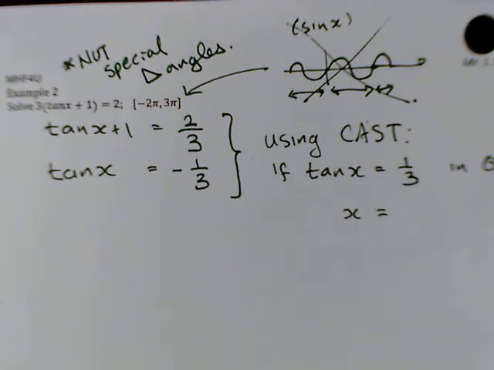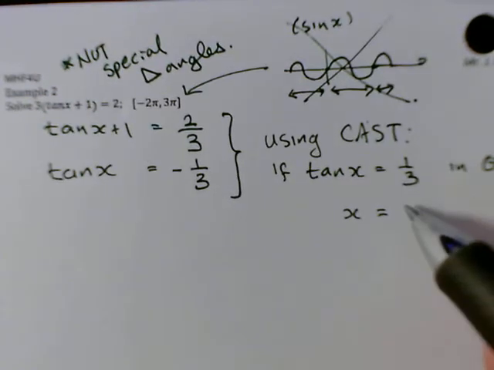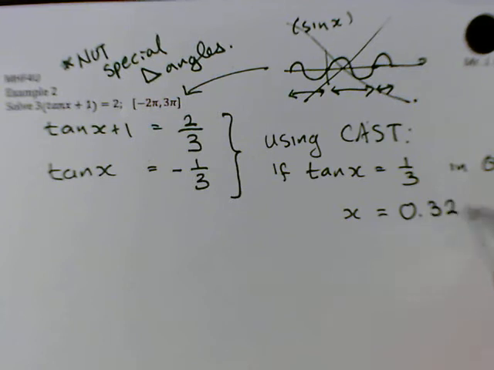If you do inverse tan of 1 over 3, it has to be in radians. So in radians, if you do inverse tan of 1 over 3, you should get 0.322 radians.